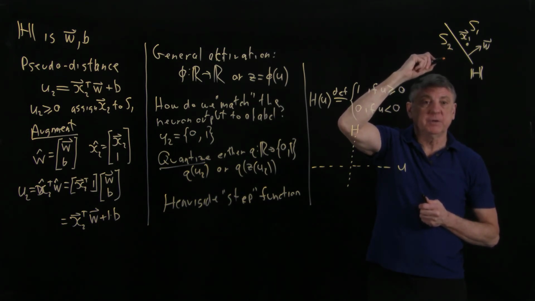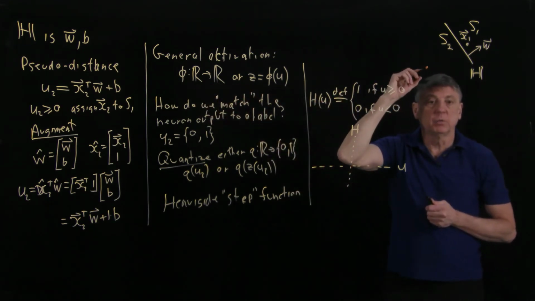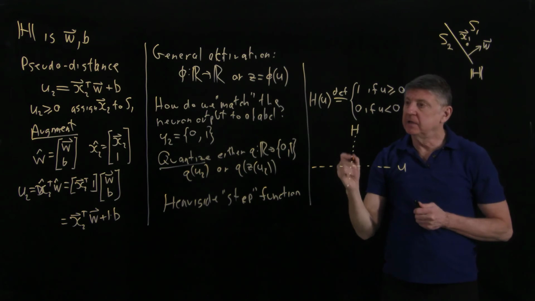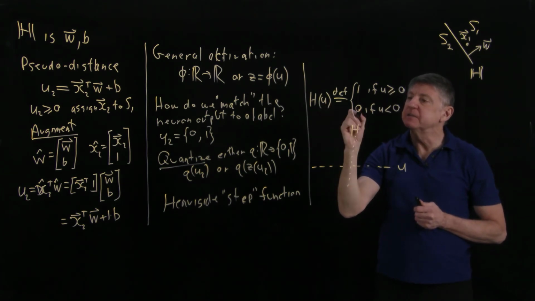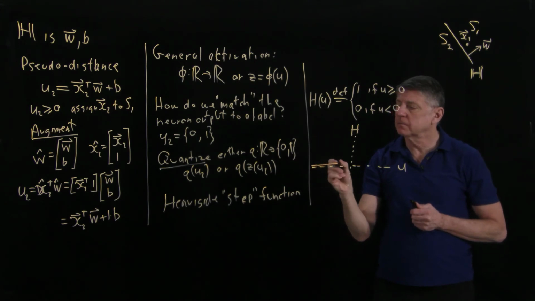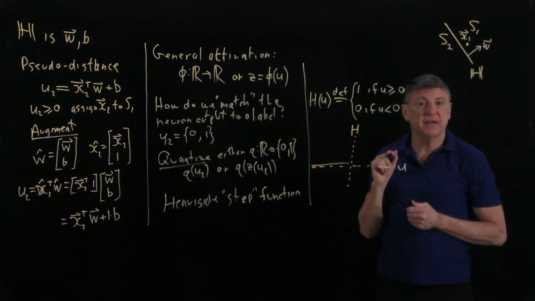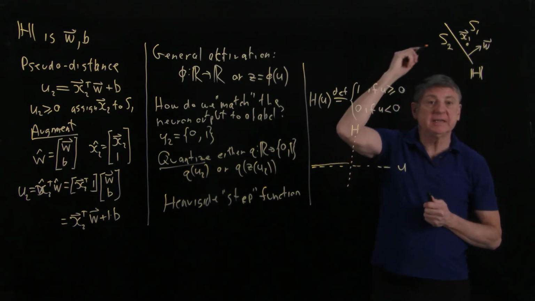Well, if we do the linear computation of the pseudo-distance over here, what we'll get is a negative number. And the Heaviside function says if it's a negative number, then we'll respond with 0. And that would correspond to us classifying that data vector as being in set 2.